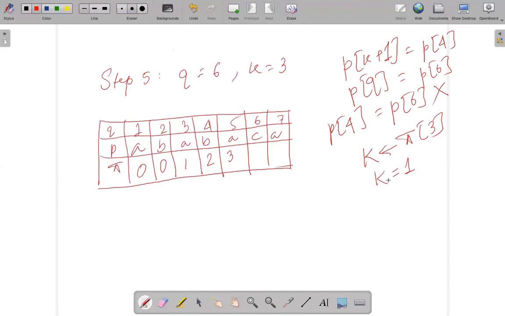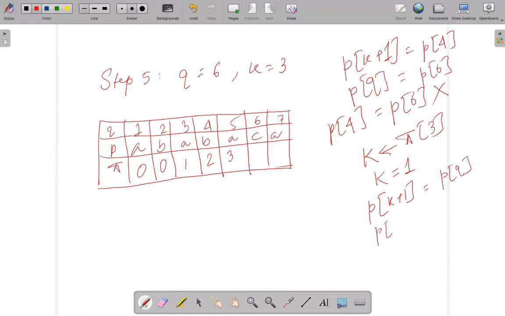Okay, so since k is still greater than 0, we will again run through the loop and check whether Pk plus 1 is equal to Pq once again.